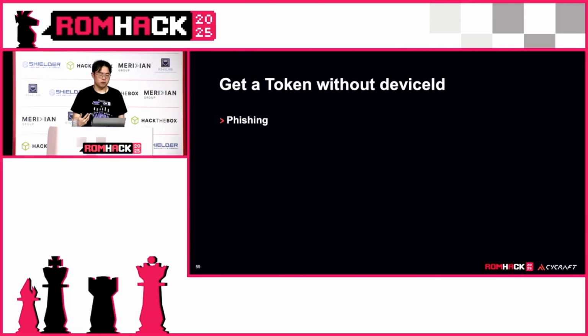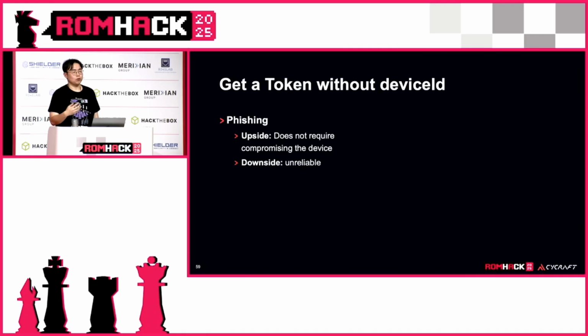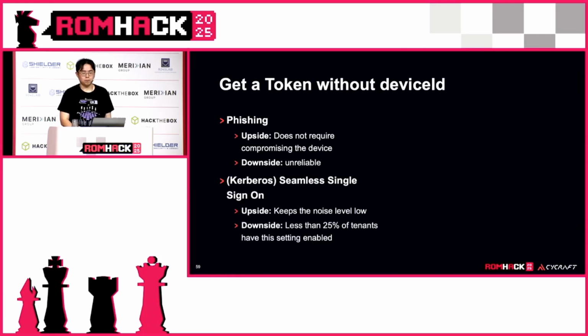We have a lot of methods, like phishing. The upside is you don't need to really compromise the endpoint, but the downside is you need some user intention, and it's not reliable. Also, you can use seamless single sign-on. It's a setting enabled on your Entra ID tenant.